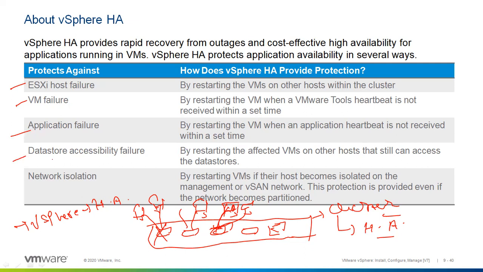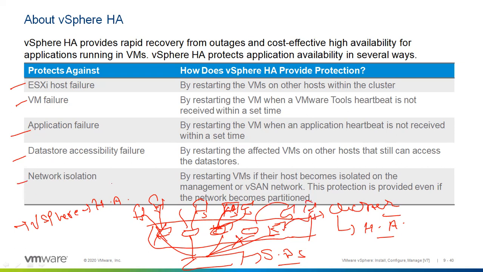Datastore accessibility failure. When I say datastore accessibility failure, for example, they are using a common shared datastore, and for a particular host, I found the datastore path is lost. So the running VMs on this particular host will be restarted on another host. And it takes care of network isolation.